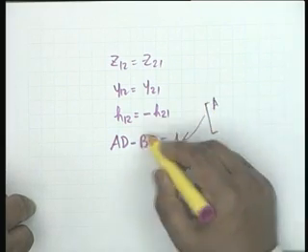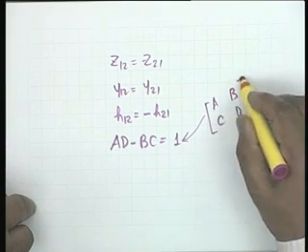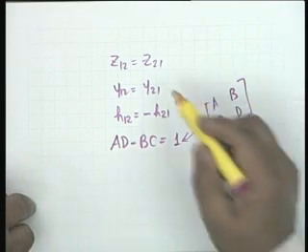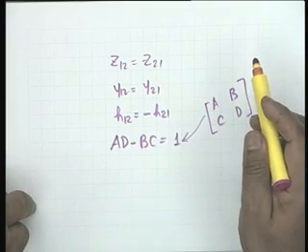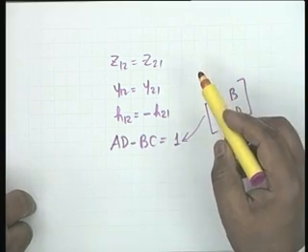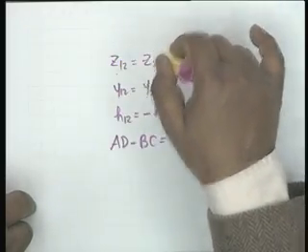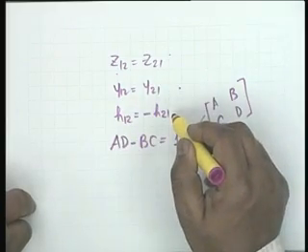That is, the left hand side is nothing but the determinant of this matrix, whereas the other 3 relate to the off diagonal parameters. Diagonal parameters are Z11, Z22, off diagonal are Z12 and Z21. This is also off diagonal parameter, this is also off diagonal parameters.